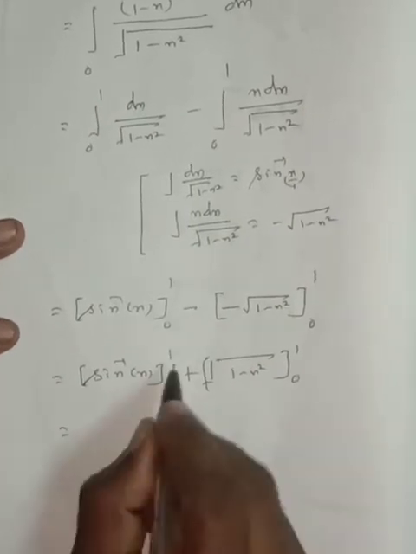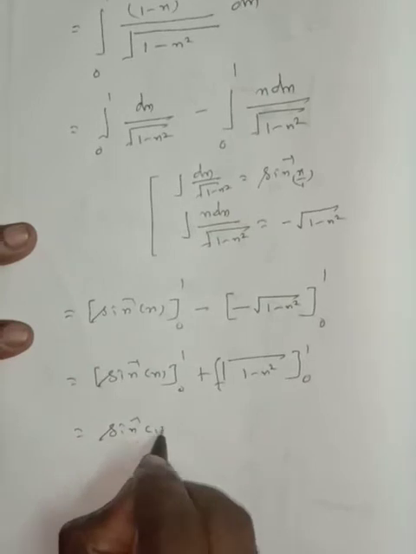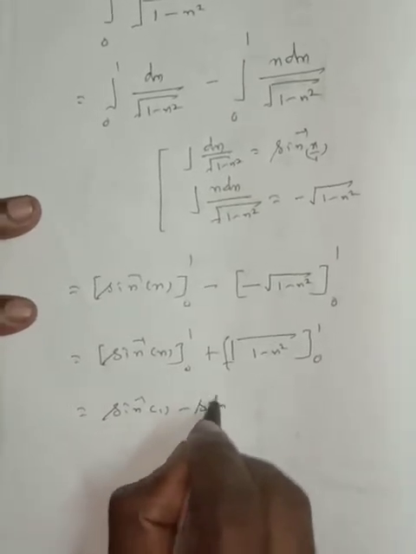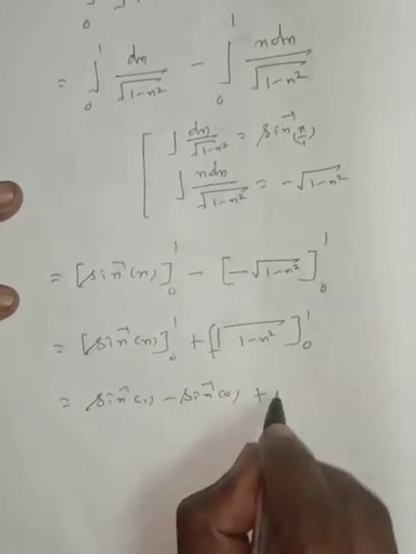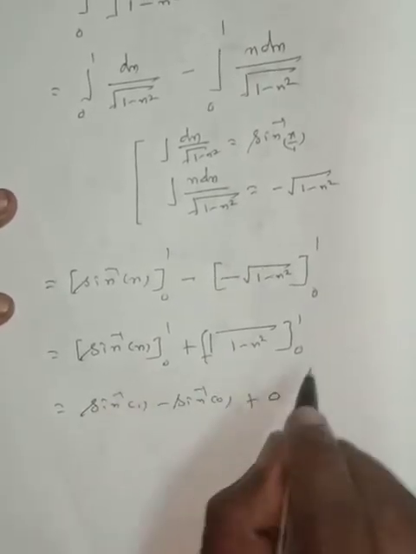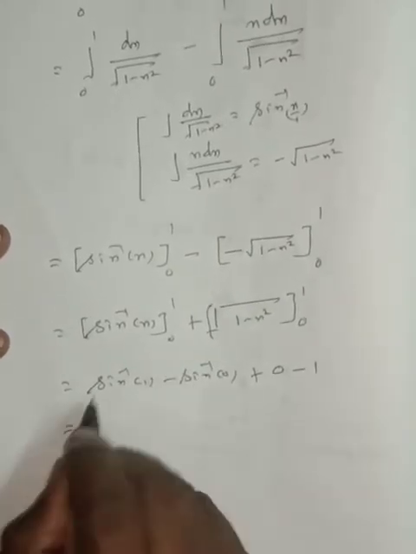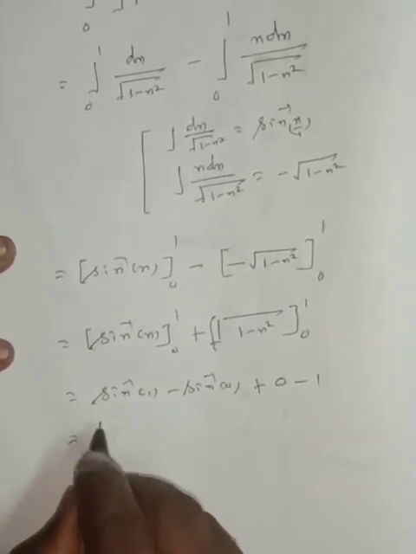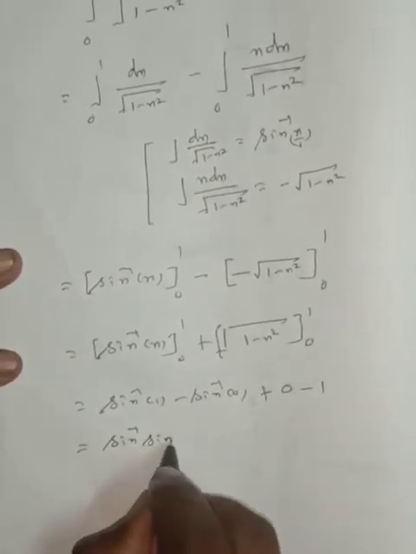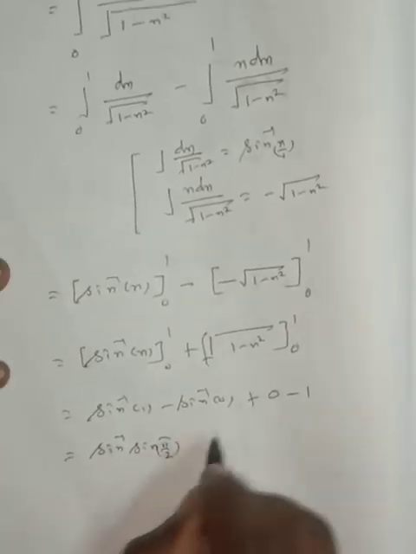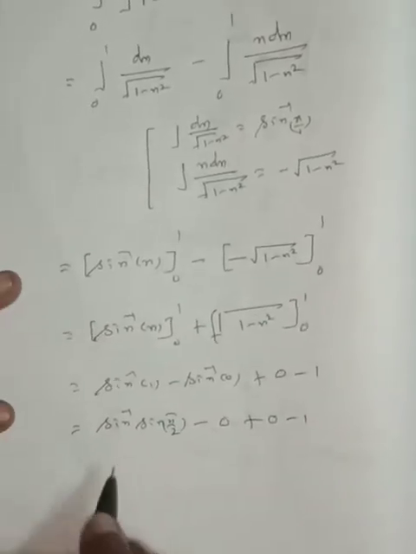Is equal to, apply upper limit, sine inverse of 1 minus sine inverse of 0, plus apply upper limit 0, apply lower limit minus 1. Is equal to sine inverse of 1, 1 is sine pi by 2, sine inverse of sine pi by 2 minus 0 plus 0 minus 1.